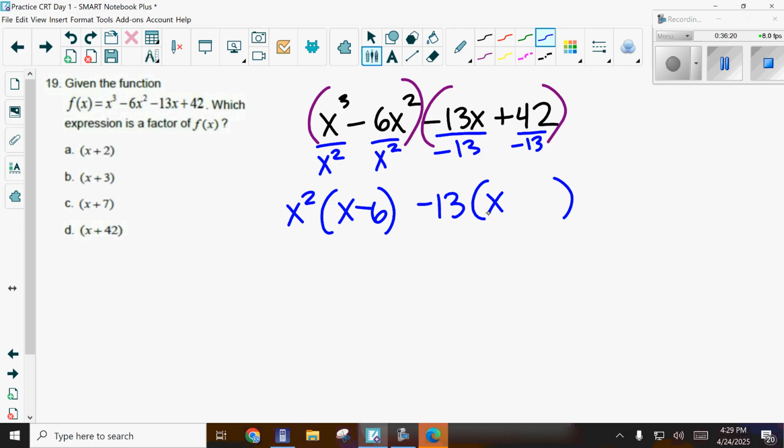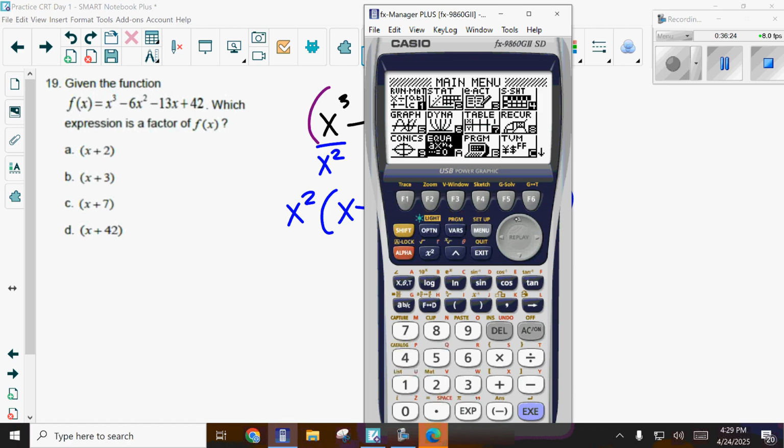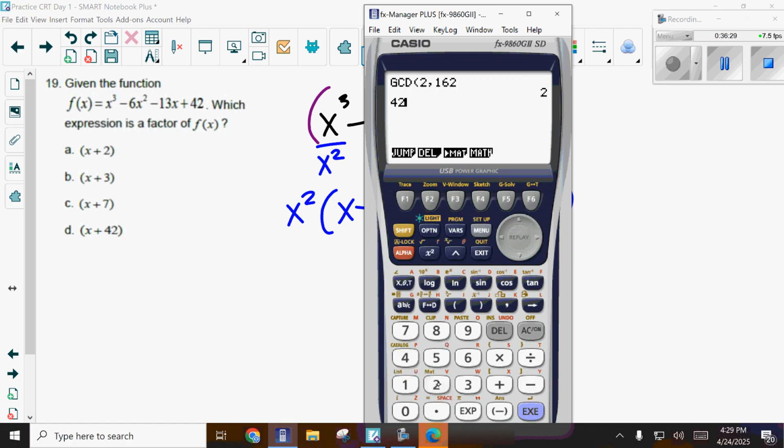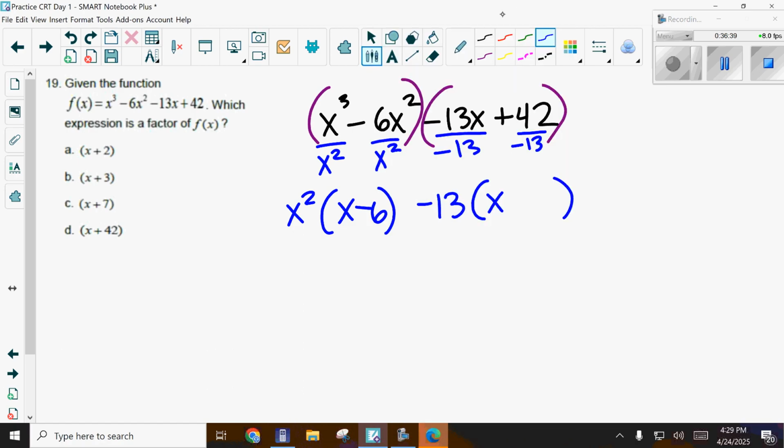Let me make sure I did this right. 13 doesn't go into 42. Let me just double check. 42 divided by 13. Yeah, I was looking at that and I was like, that doesn't seem right. Yeah, that doesn't work. So factoring actually isn't going to work on this.